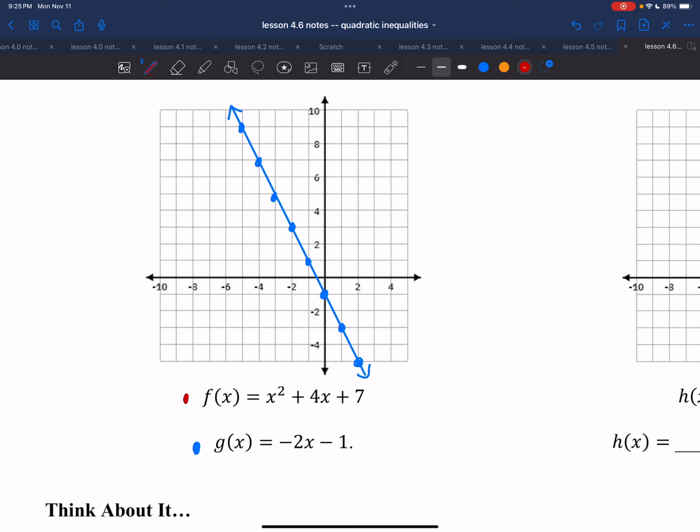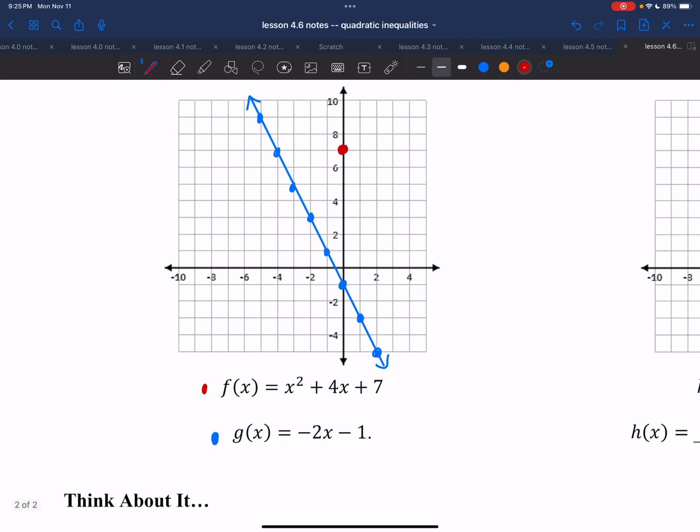Now, this one's a little bit tricky. If you want to graph this, first of all, you do see a y-intercept at 7, so I could say (0, 7), and that's true. But if I really want a good picture of this parabola, I probably want to know where the vertex is. So I'm going to take a minute to find vertex form.